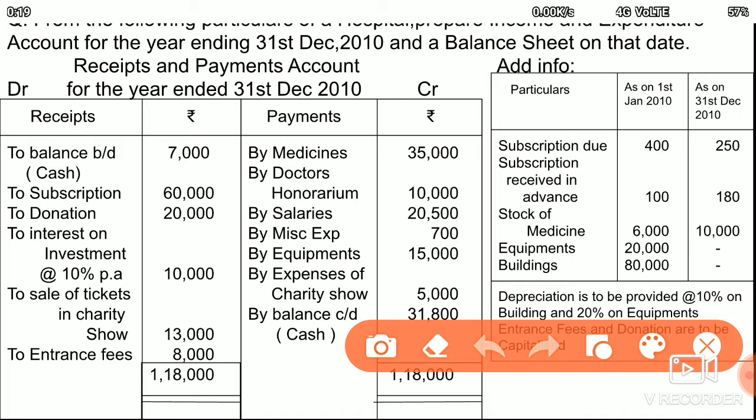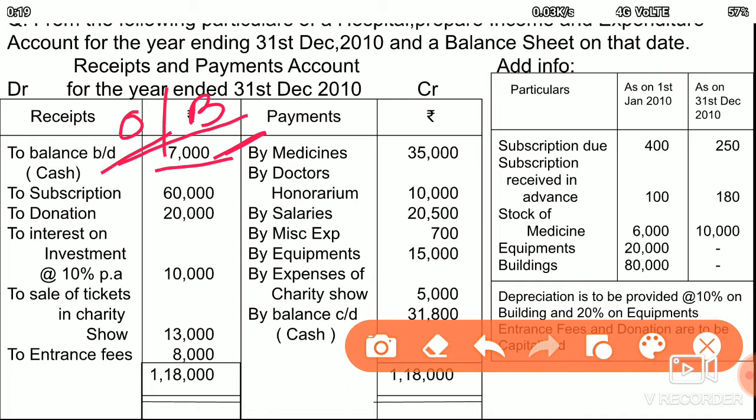In the receipts and payments account, the opening balance of bank will come in the opening balance sheet, because it is the closing balance of cash of the previous year. Opening balance sheet means the previous year's closing balance sheet. So this 7,000 rupees will be there in the previous year's balance sheet as cash on the asset side.